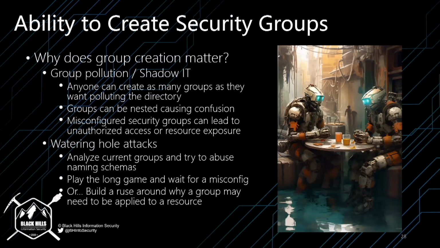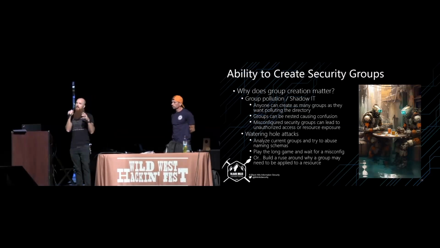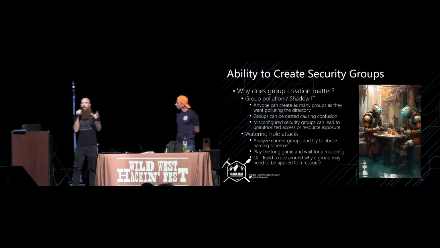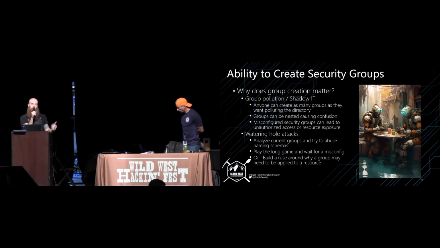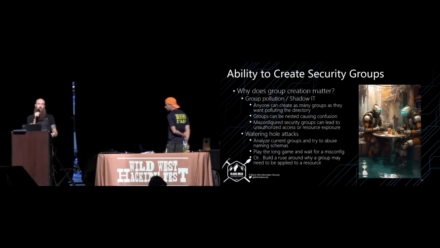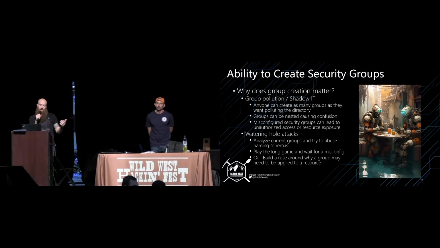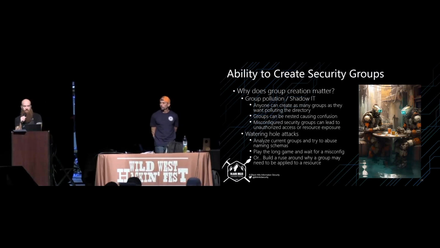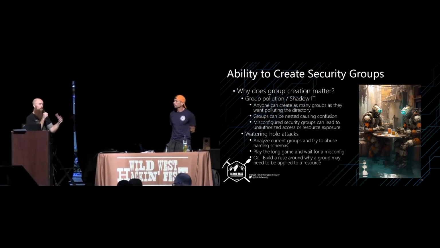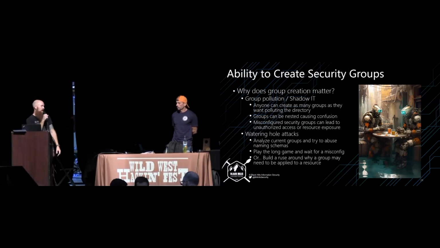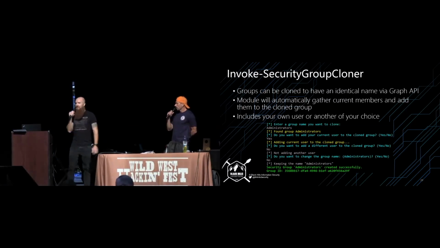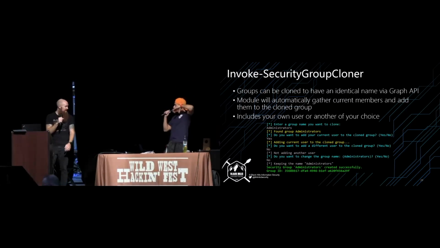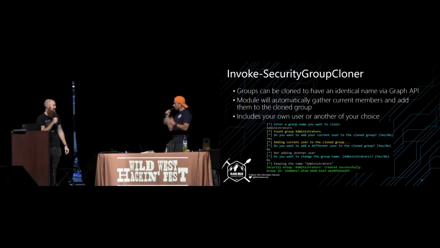And what if I could exploit the fact that admins sometimes make mistakes and maybe they click the wrong group? I could add myself to that group and potentially build a ruse around it and maybe get added to some policy somewhere. It's long-term threat actor thinking, right? It's the long game, which we're playing in the long-term testing that we're doing. So just kind of waiting.